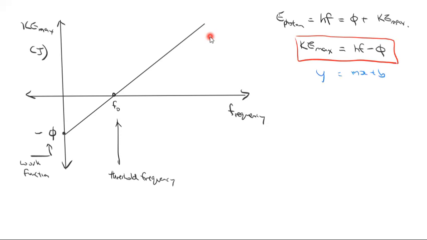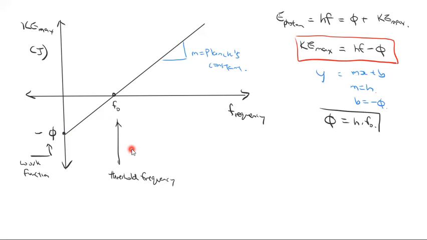That's why your m will equal h, your b will equal negative phi, and that's why this is negative phi. And that's why your gradient will equal Planck's constant. For the same reason, you can algebraically manipulate it and get phi equals h times f0 as well. So those are relationships you should know.